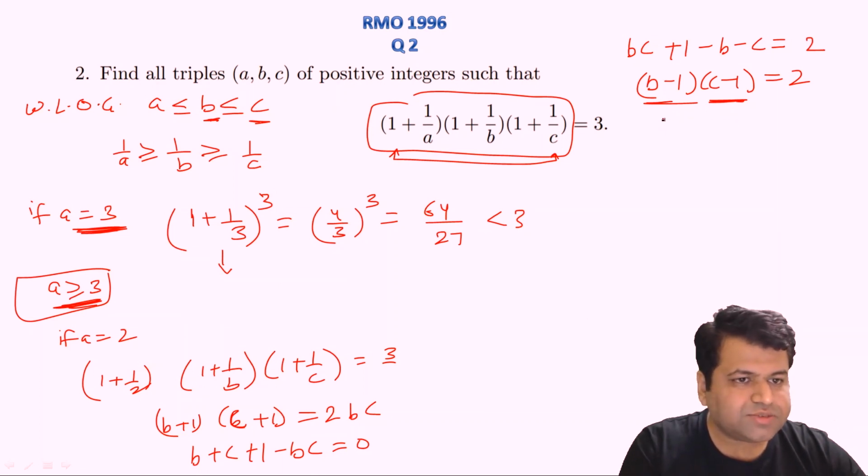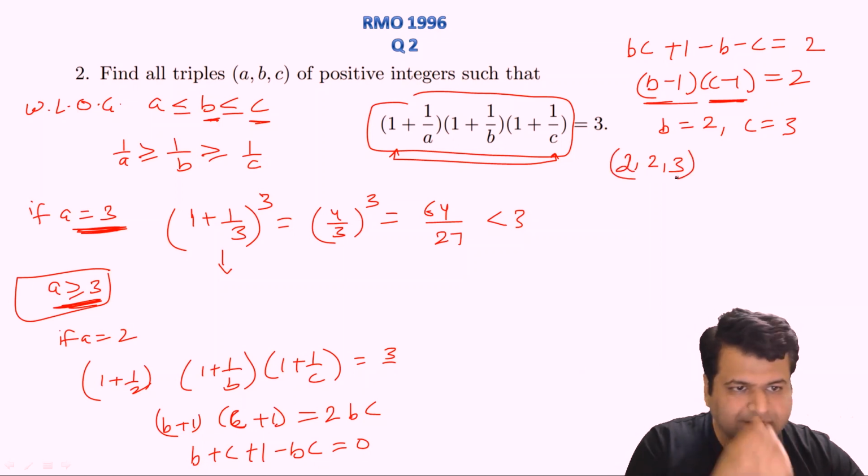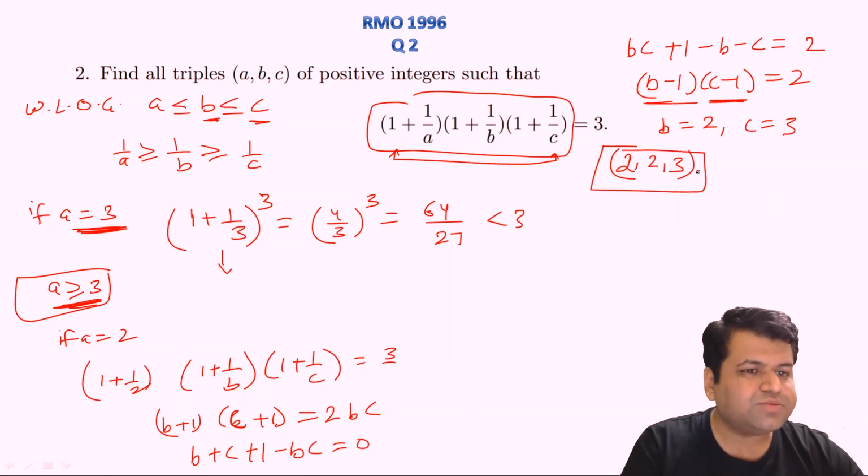So the possibility is B is 2 and C is 3. So the possible solution from this is A was 2, B was also 2, and C will be 3. So this or any arrangement of this will be a solution to this question, right?